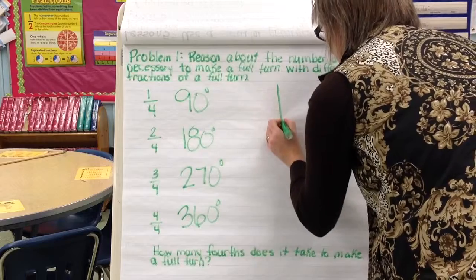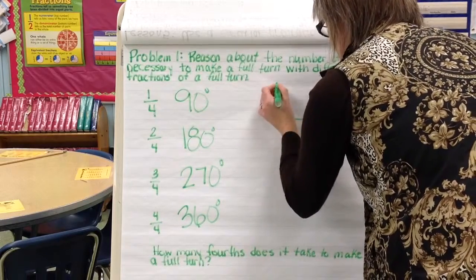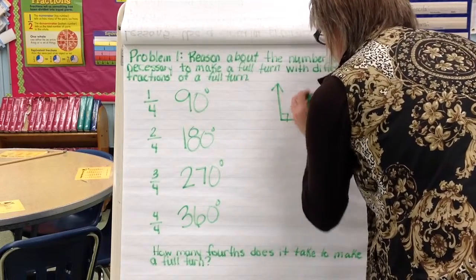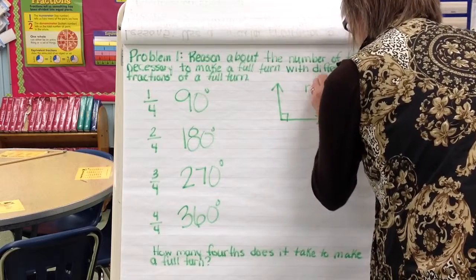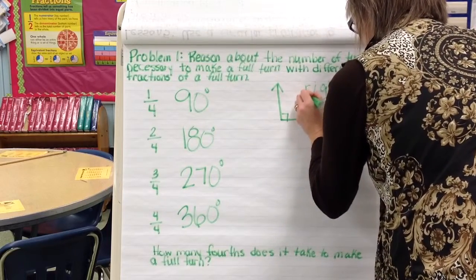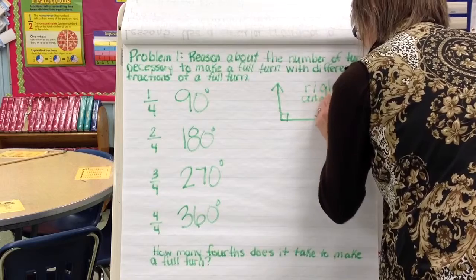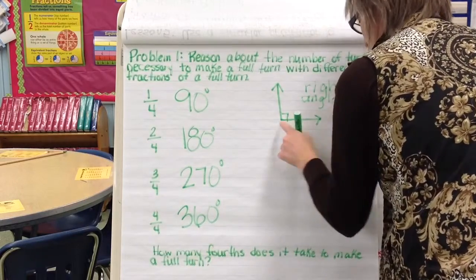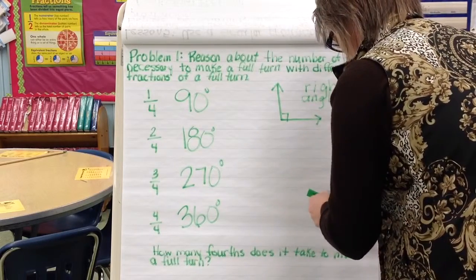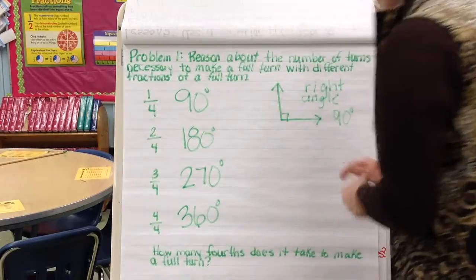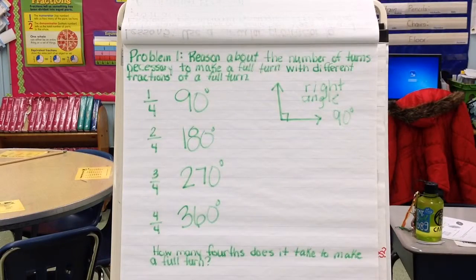And remember, 90 degrees, this is a right angle. And we always know a right angle by our right angle symbol.